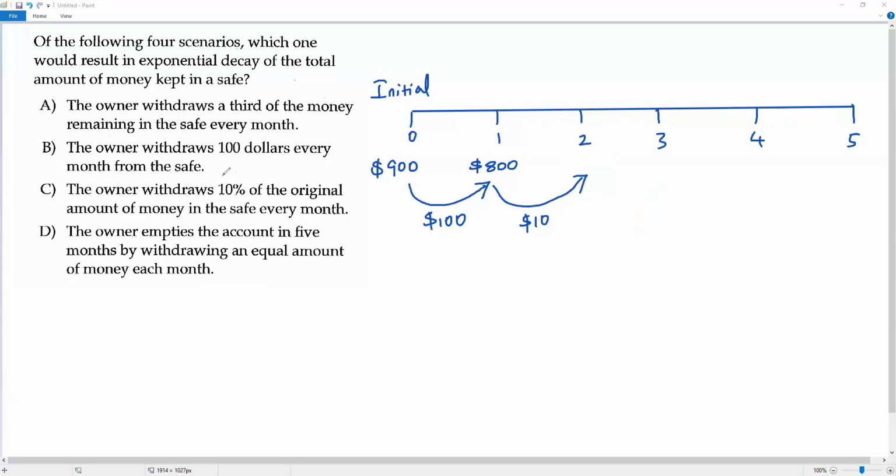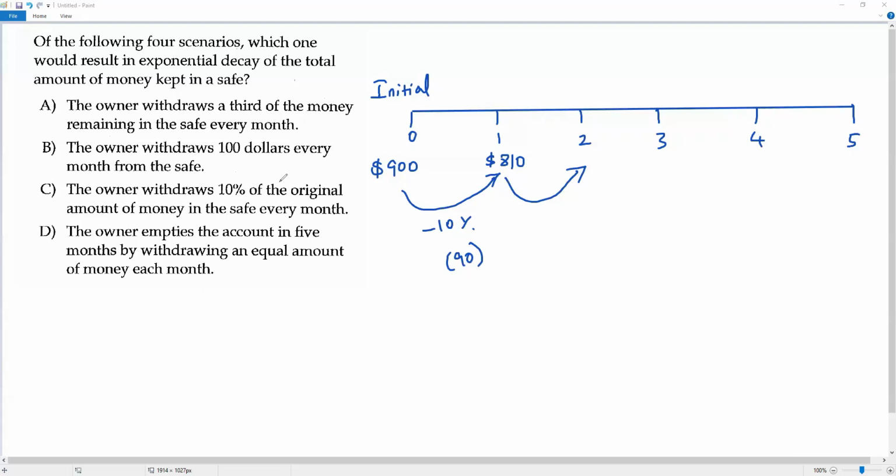Now let's take the third option, that the owner withdraws 10% of the original amount of money. The original amount of money here is $900. So at the end of the first month, 10% of $900 is $90. He withdraws $90, and if I subtract 90 from 900, it will be $810.